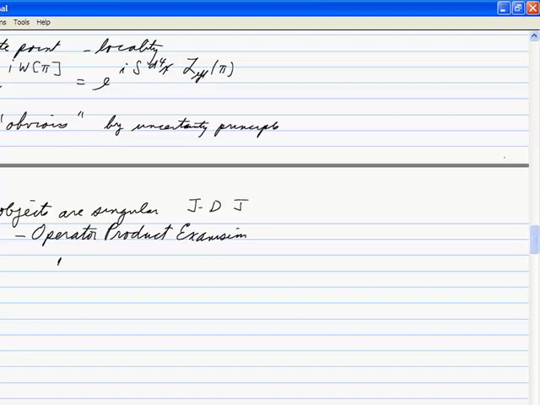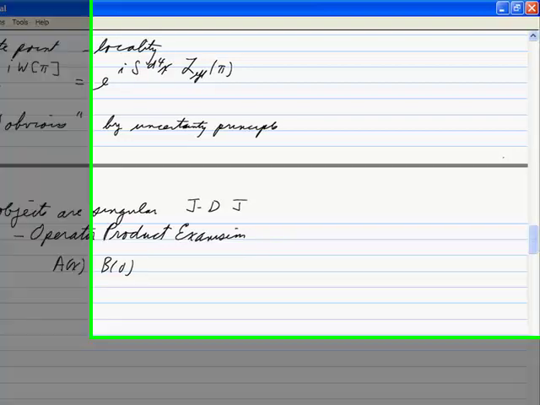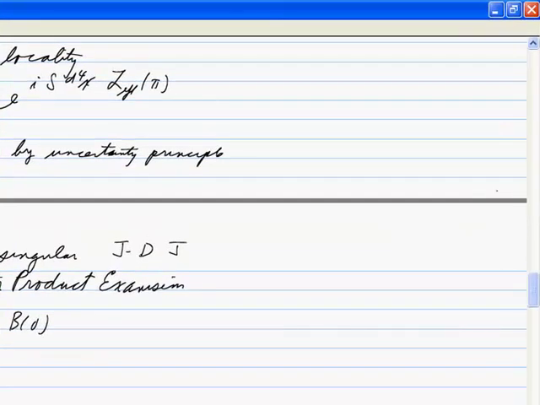Okay, it's basically if you have two things, A of x, B of 0. So one of these could be one of the currents, and the other one could be another current. They don't have to be the same thing.